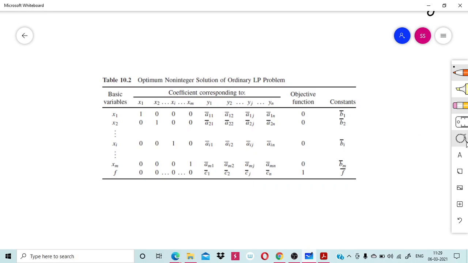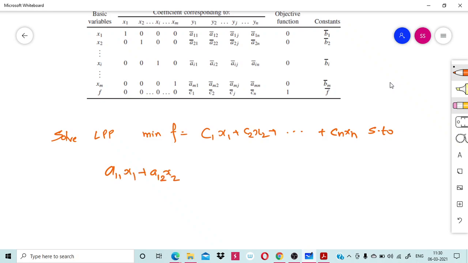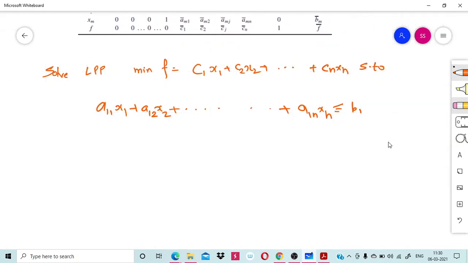You have to solve the LPP, minimizing f equal to the cost coefficient C1 x1 plus C2 x2 plus etc. plus Cn xn, subject to constraints like this: A11 x1 plus A12 x2 plus etc. plus A1n xn, less than or equal to b1, let us say.